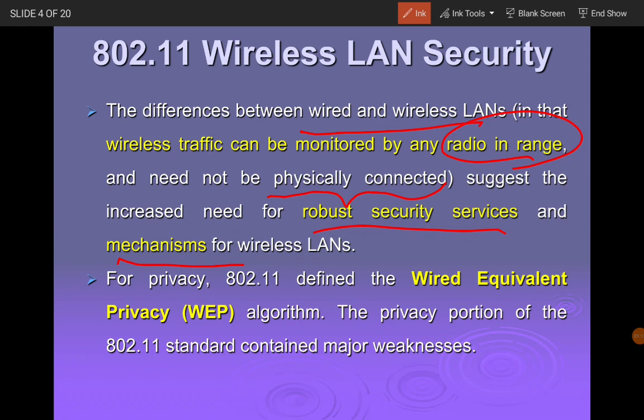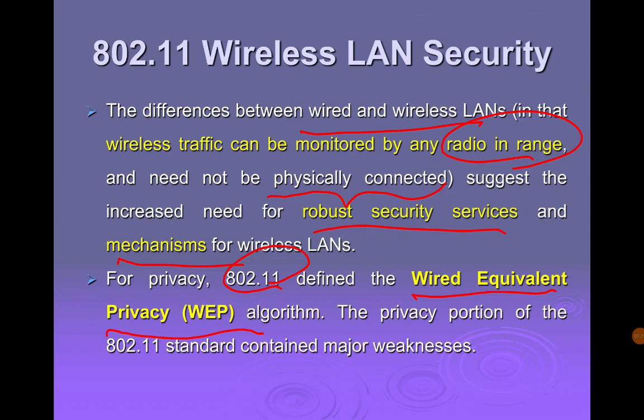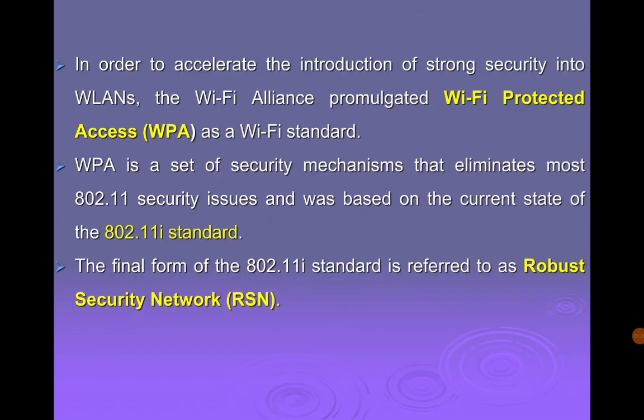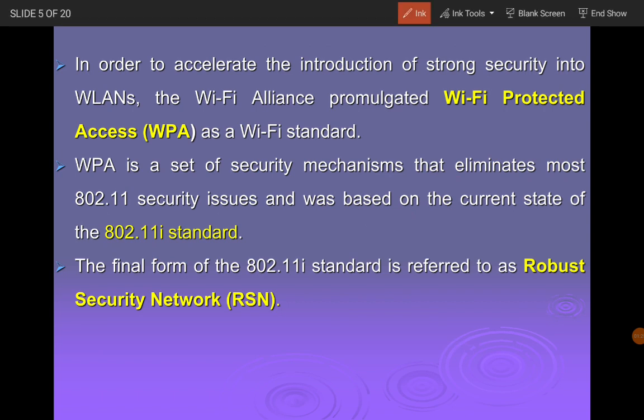For privacy, 802.11 defined the standard Wired Equivalent Privacy, that is the WEP algorithm. But in this, we have several drawbacks. So in order to accelerate the introduction of strong security into the wireless LAN, we have WPA, that is Wi-Fi Protected Access.